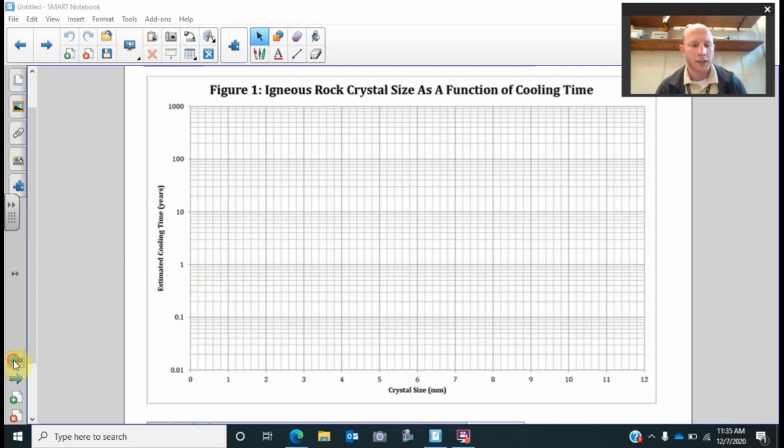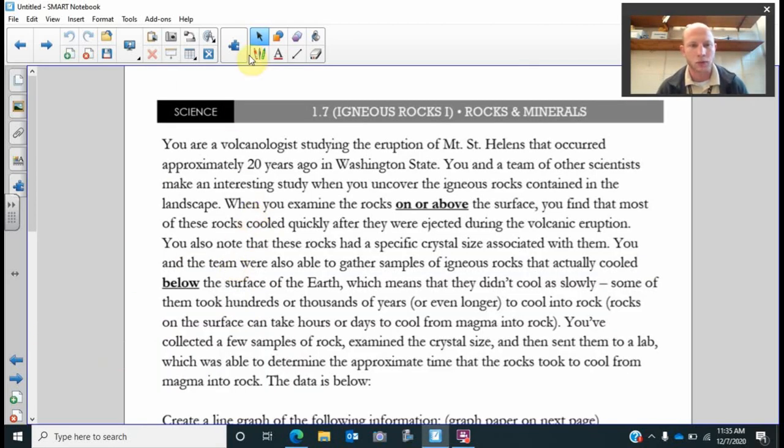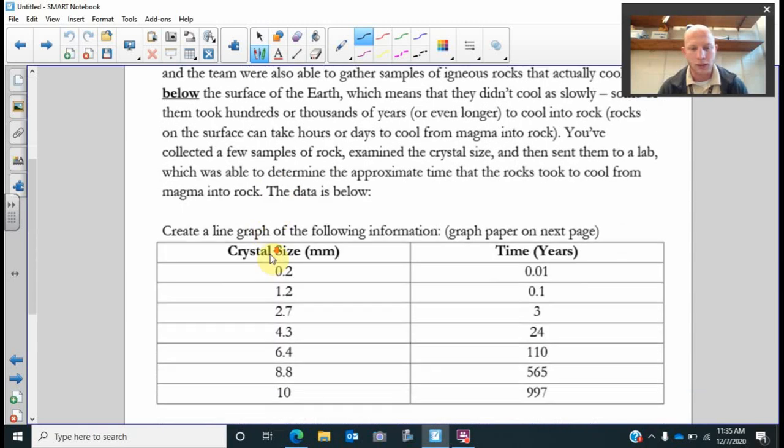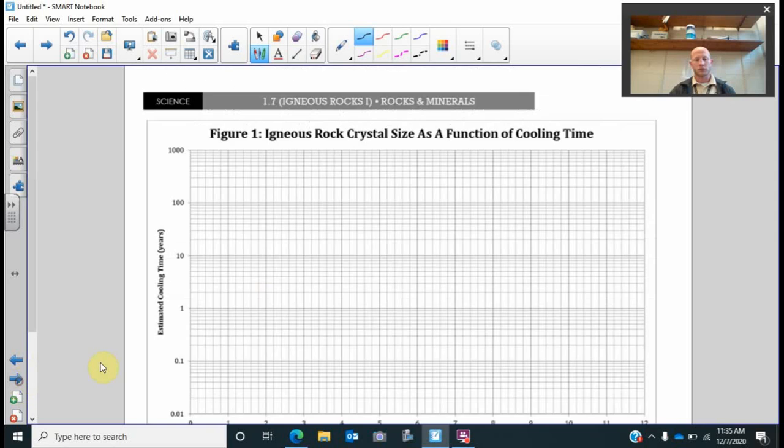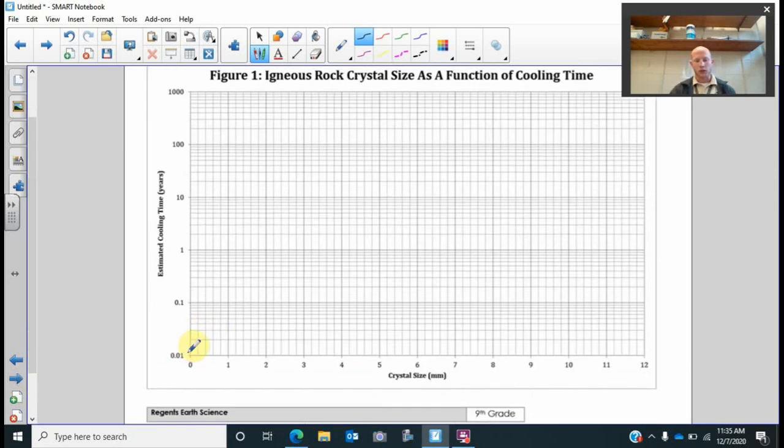If I go back to here, I'll go ahead and help you with the first one. Like I said, you can read all of this. It talks about the crystal size and how long it's been cooling. So crystal size is 0.2 millimeters, and the time they start with is 0.01 years. So 0.01 years is right here on this first one.